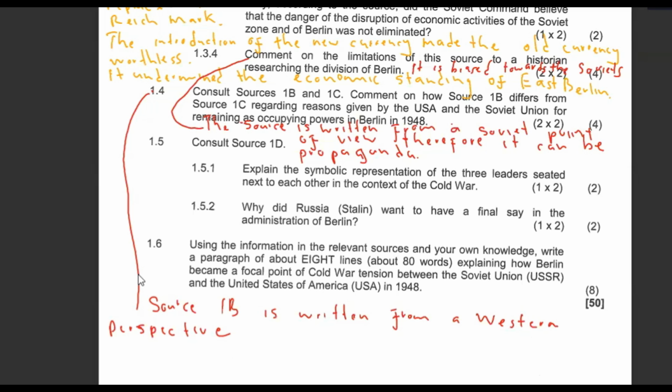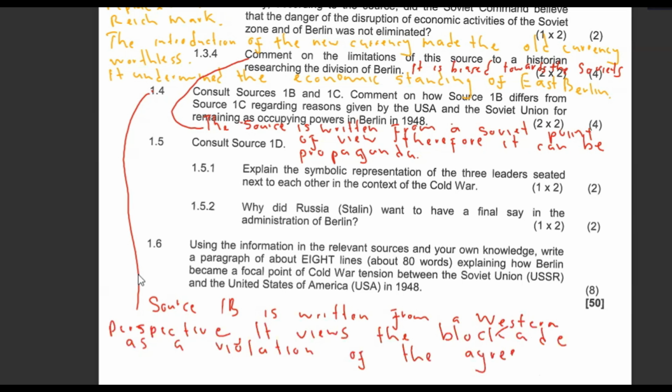In addition to that, it views the blockade as a violation of the agreement. So according to source 1B, the Soviets violated the agreement which took place in 1948.